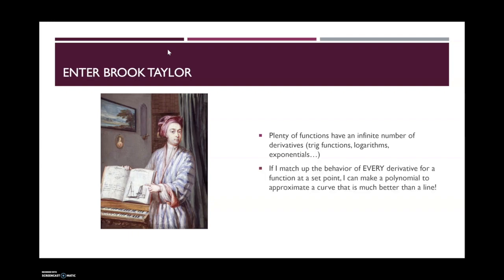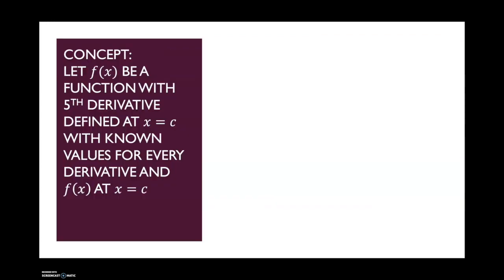And so he thought, instead of just matching up the slope and the first derivative behavior, what if he could match up the behavior of every derivative for a function at a set point? His hypothesis was that he could make a polynomial to approximate a curve that works much better than just a line. So here's how we're going to work through his concept.